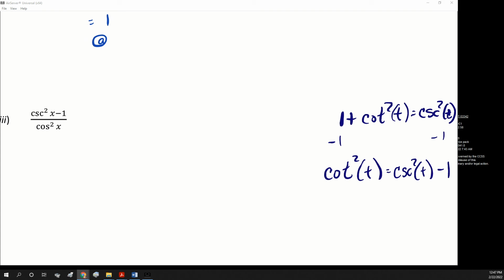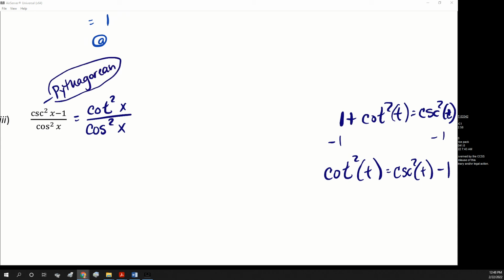So now, in the place of cosecant squared of x minus 1, I'm just going to replace that with cotangent squared of x. Now, in the notes, I am writing down the identities we're using. You don't have to do that when you're doing that on your own. It's just in case you wanted to look back and see what we were thinking.